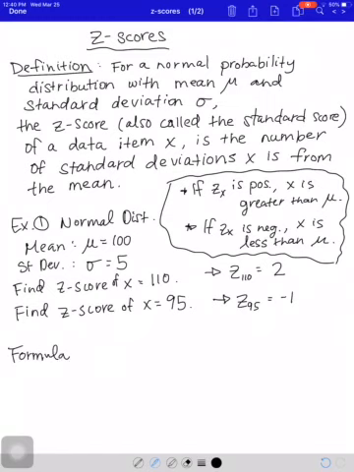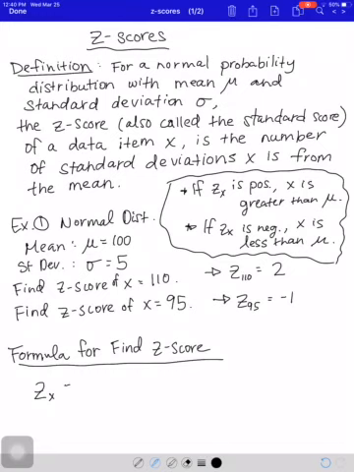Right? Now, how do we find the z-score in general? We're going to come up with a formula for finding the z-score. To find our z-score, z of x, first we have to figure out how far away it is from the mean. So we're going to take our data item x and subtract the mean. That gives us our distance. Now we have to figure out how many standard deviations that is.